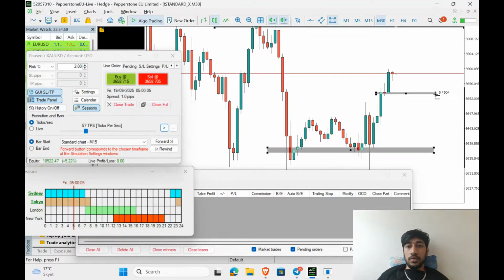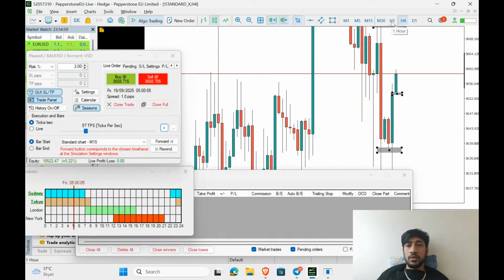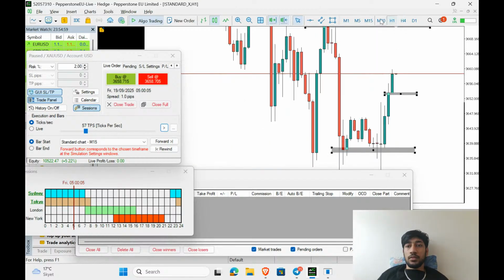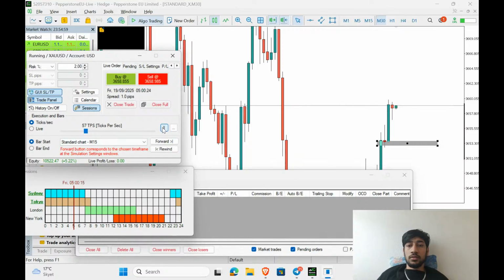We went up. So H1, H4, if this 30-minute candle breaks above this high, we got this whole range to be filled. Right there.